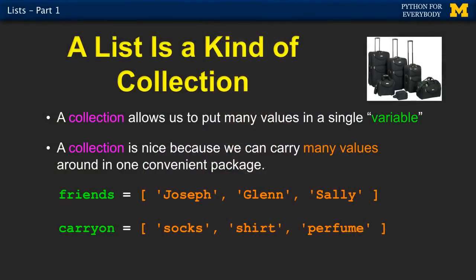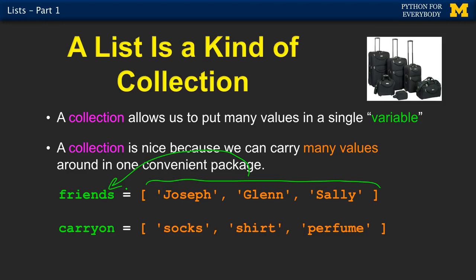Now, a list is a collection, meaning that in a single variable we can have more than one thing. And so in this, we've actually been using lists all along. When we see the square bracket syntax, we've been using these in for statements, etc. This is a list. Square brackets is a list constant. But what you're noticing here is I can put three different strings, Joseph, Glenn, and Sally, into a single variable by enclosing them in these brackets.